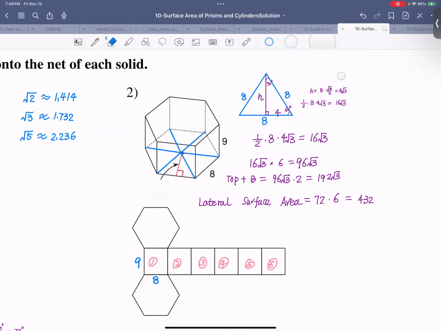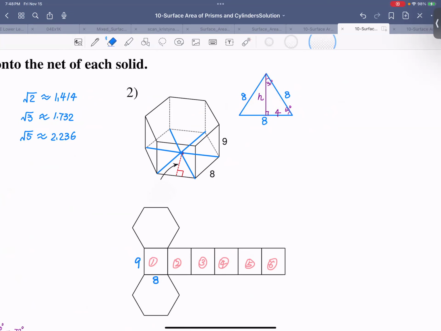Use cosine or tangent to see how you can calculate that. This is 8, this is 8, this is 8. So this will be 4. So how much will be here? Go ahead, everybody. Go solve the h value. After you solve the h value, you can do the triangle area.